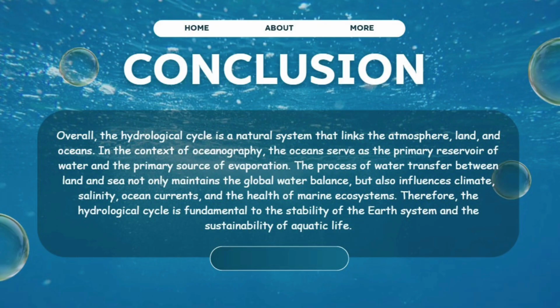The process of water transfer between land and sea not only maintains the global water balance, but also influences climate, salinity, ocean currents, and the health of marine ecosystems. Therefore, the hydrological cycle is fundamental to the stability of the Earth system and the sustainability of aquatic life.